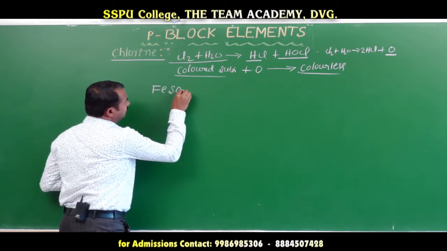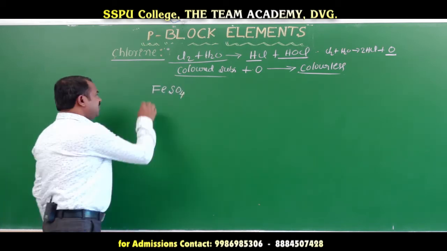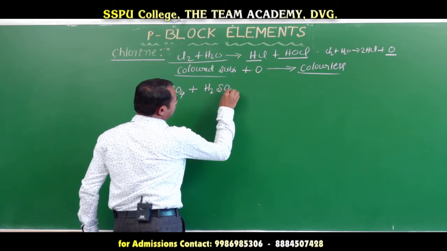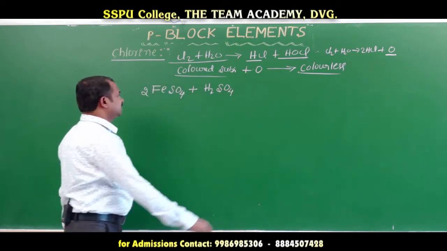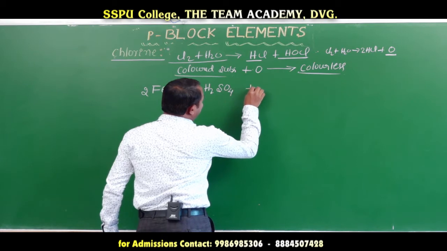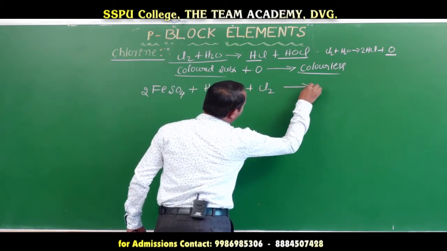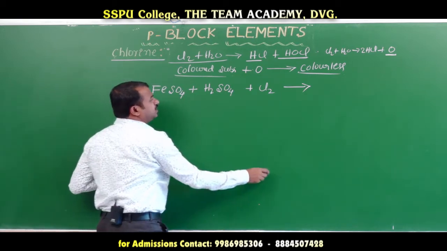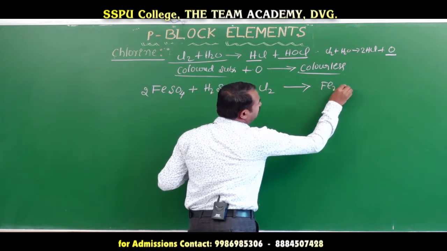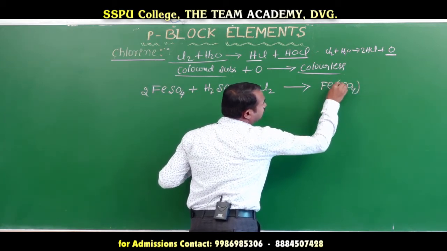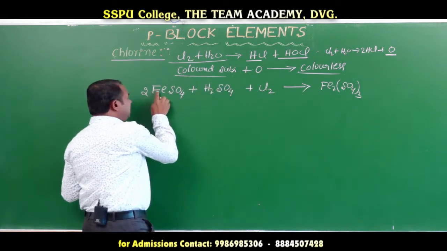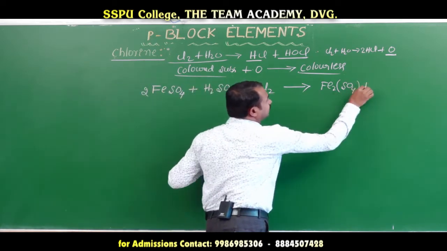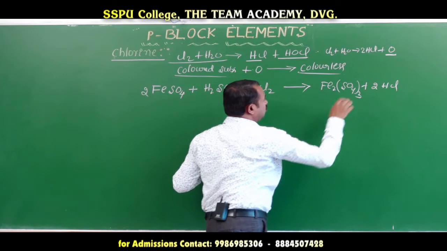When ferrous sulfate reacts with sulfuric acid in the presence of chlorine, ferrous sulfate is converted to ferric sulfate, Fe2(SO4)3, plus 2 molecules of hydrochloric acid.